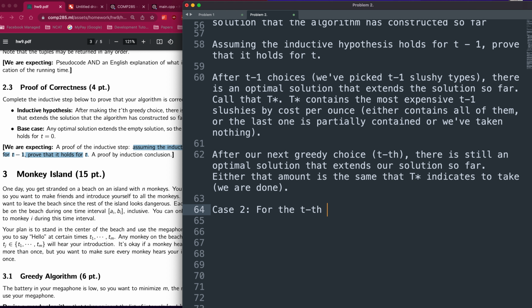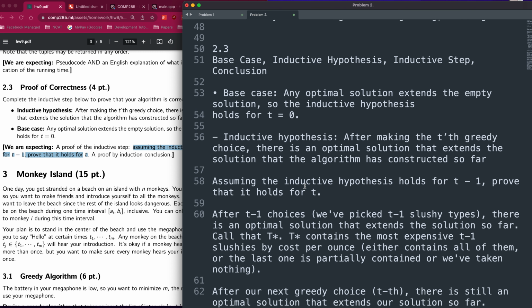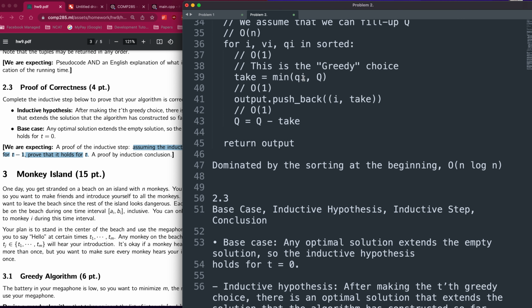So for the t-th slushy, T star has a different amount from what our greedy wants to take. Now what we consider is, well, T star has a different amount from what our greedy wants to take for the t-th slushy. Our greedy has two options. We either take enough to fill the rest of the container, or we take as much as there is, right?